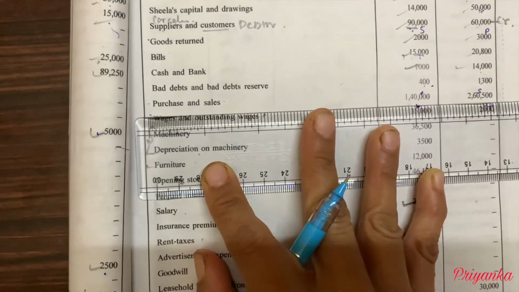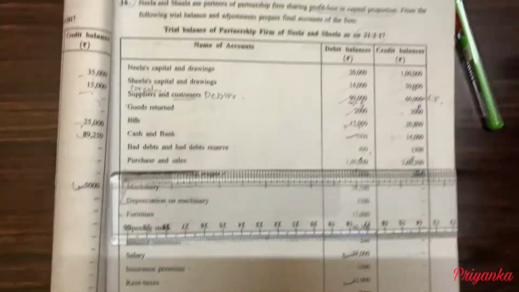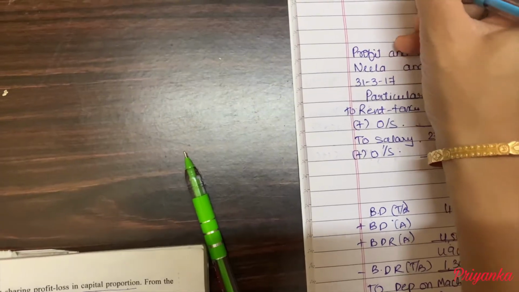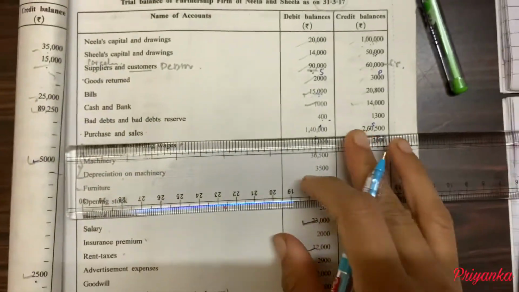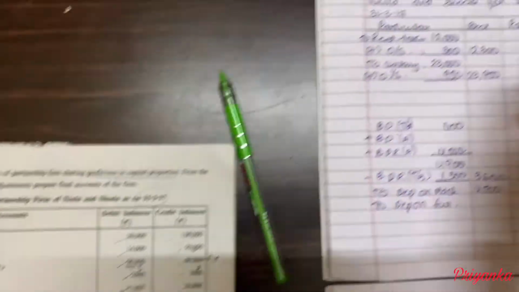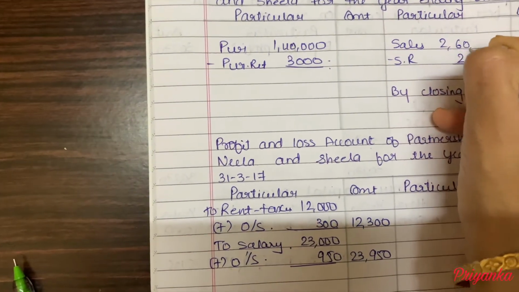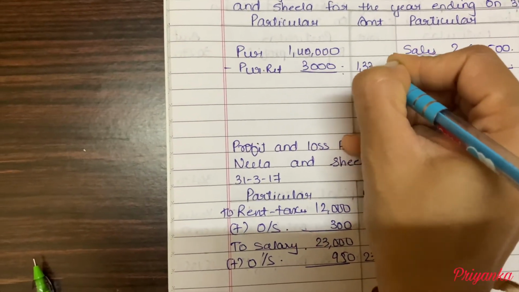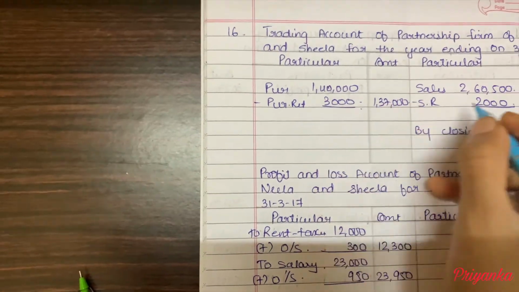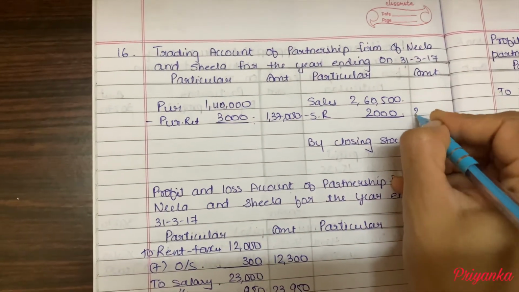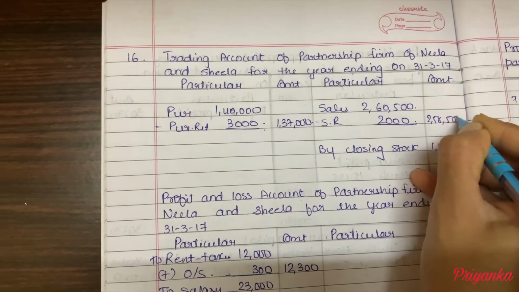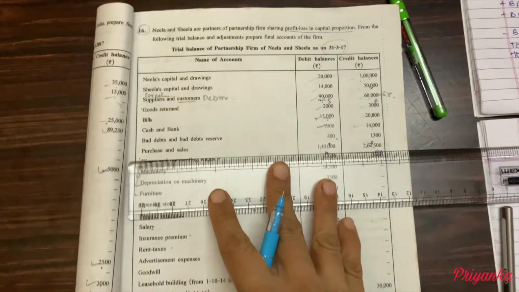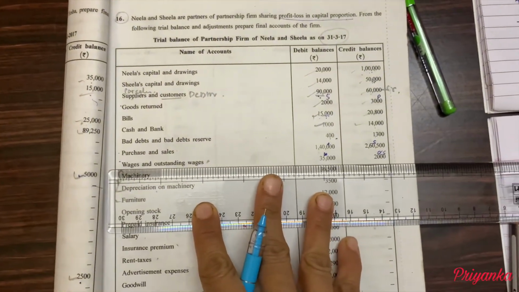Next, purchase is 1,40,000. First 1,40,000 and 2,60,500, that is your sales. Let's take the calculation outside. 1,37,000 and here 2,58,500. Next, wages and outstanding wages.